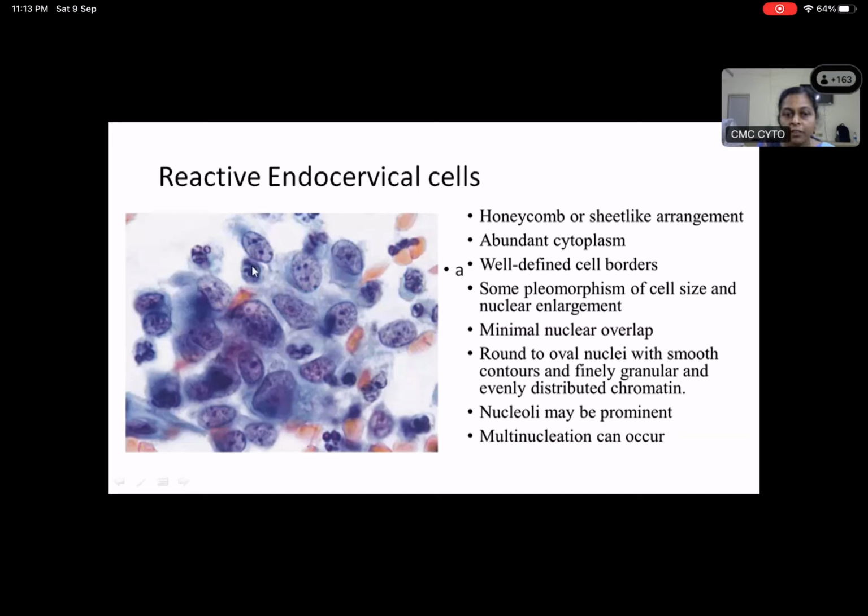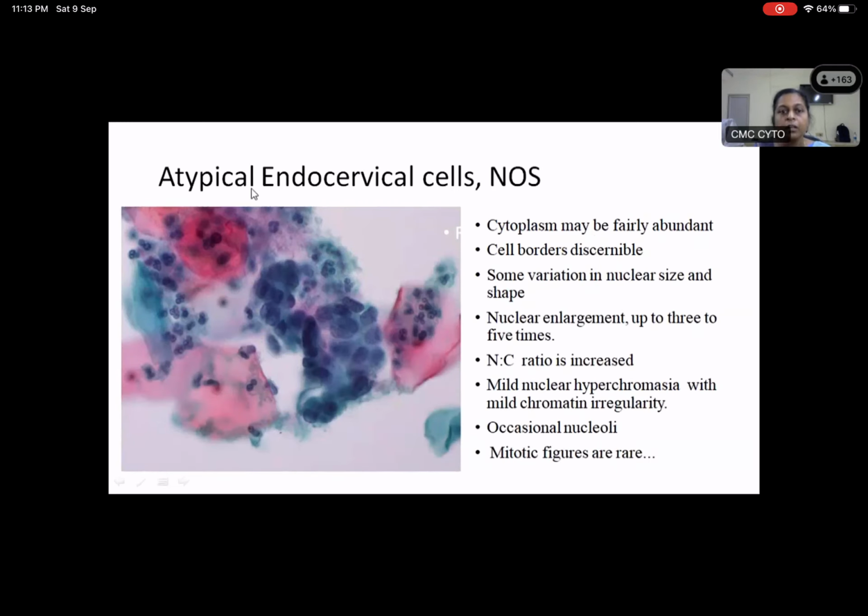Okay, so even though there is so much anisonucleosis, the well-defined cell borders and the chromatin, and the prominence of nucleoli and the smoothness of nuclear contours should tell you that this is probably just a reactive phenomenon, especially with some neutrophils sitting there within the cytoplasm. Okay, so this is reactive endocervical cells. Now this is atypical endocervical cells, NOS.